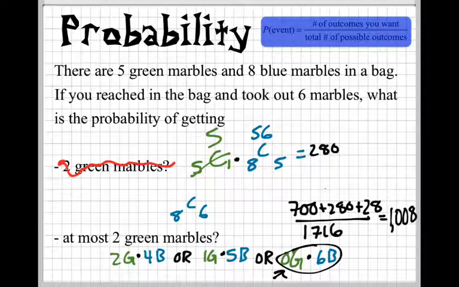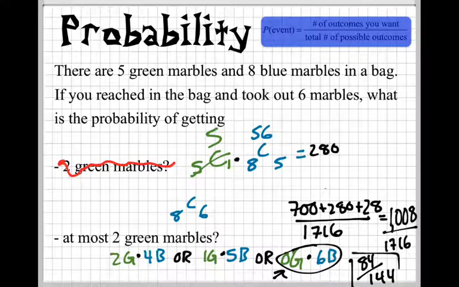We get 1,008 over 1,716. 1,008 over 1,716 simplifies down to 84 over 143. That's your answer.